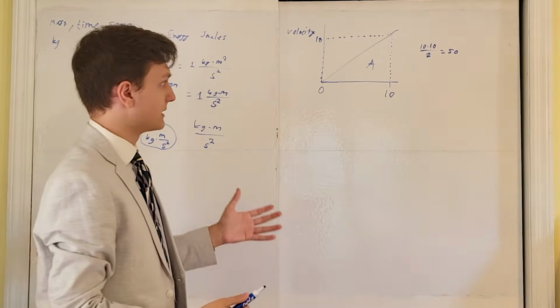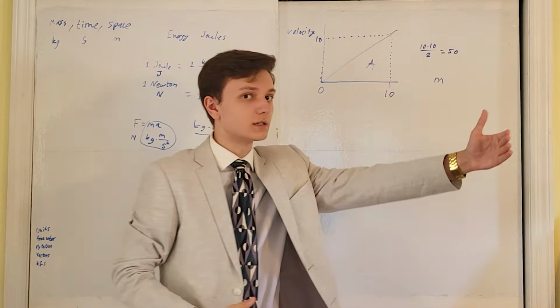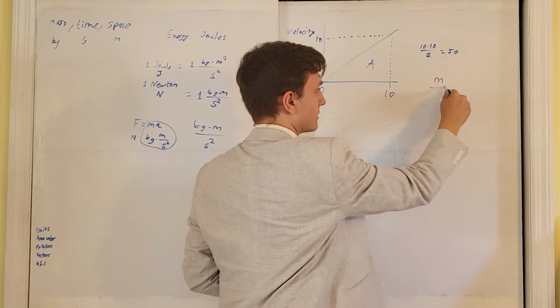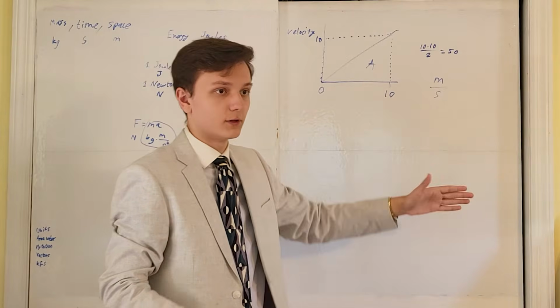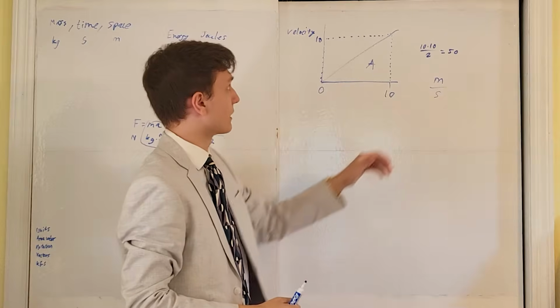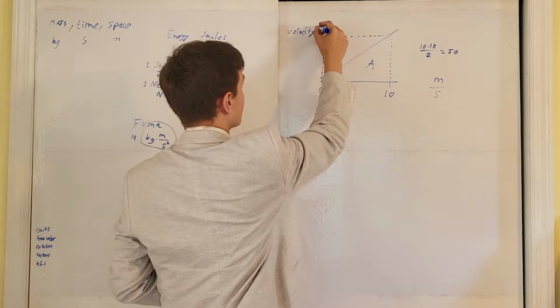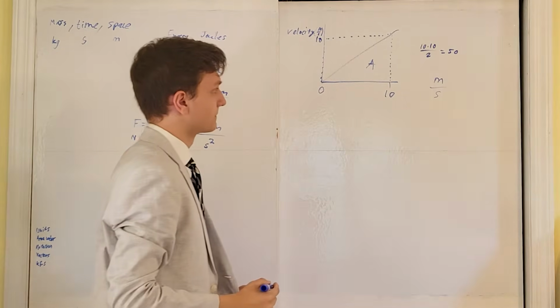Speed is going to be measured in distance, meters per second, because it measures how many meters you travel in each second. So those are the units that will represent velocity. Velocity will be represented in meters per second, all right?